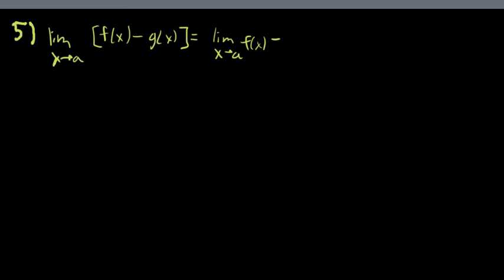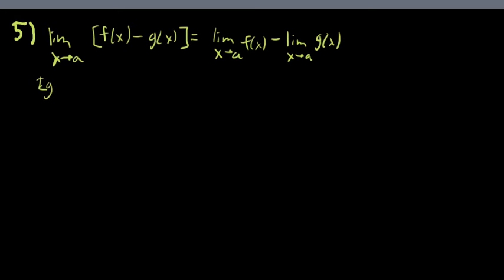And that's that the limit as x tends to a of f of x minus g of x is equal to the limit as x tends to a of f of x minus the limit as x tends to a of g of x.